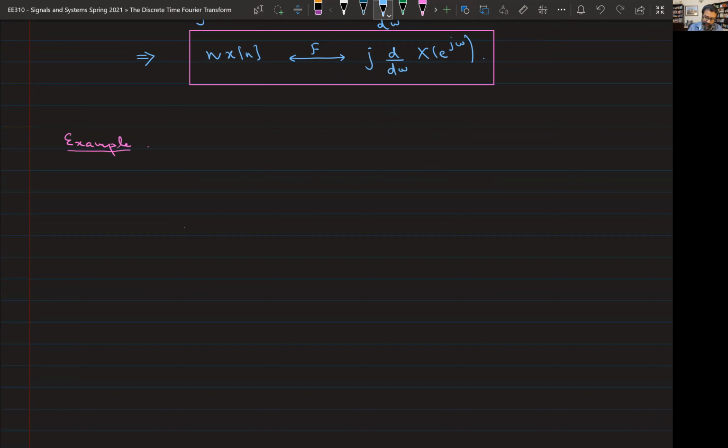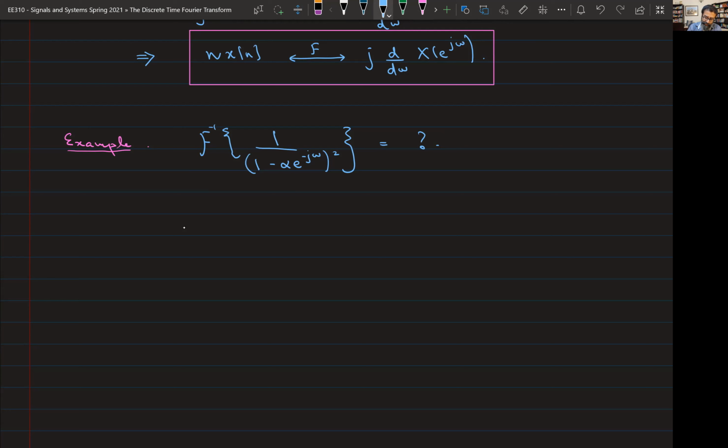The exercise here is, what is the inverse Fourier transform of 1 upon 1 minus alpha e raised to power minus j omega, whole squared? So this is something I need to find out.